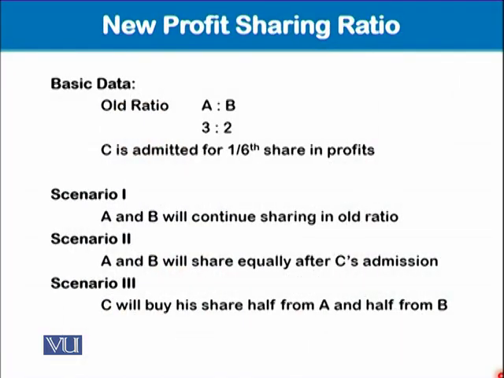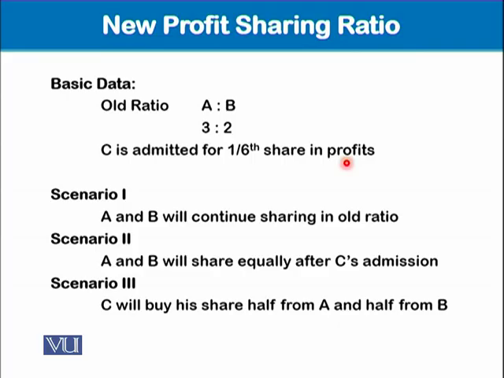Okay, so please be attentive and see this basic data in which we have an old ratio for partner A and partner B, which is 3:2. C is admitted for 1/6 share in the profits.